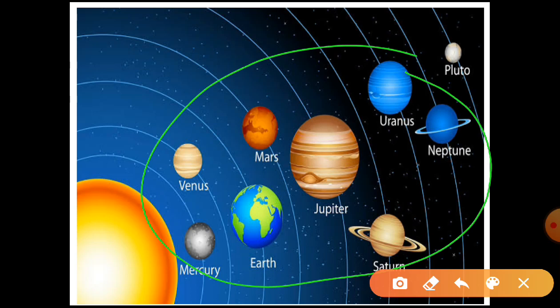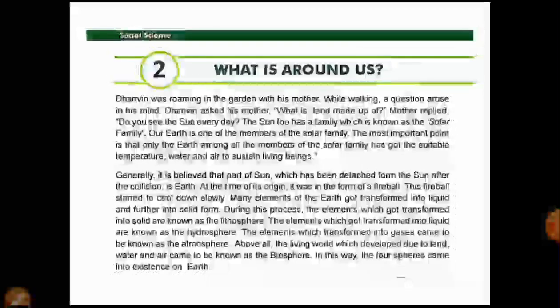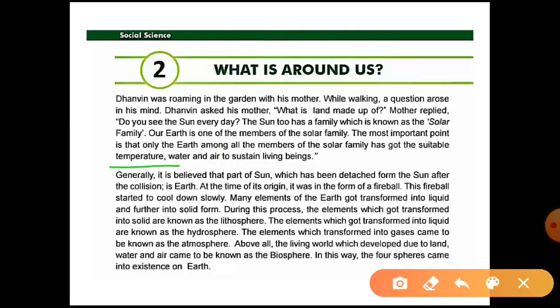But earth has a suitable climatic condition in which human beings and living beings can live. It has a suitable temperature, water and air which support life on the earth.